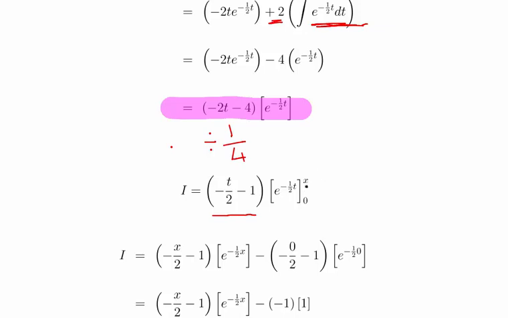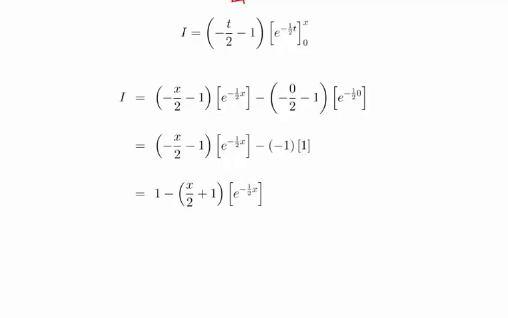And what I'm also going to do is evaluate it at the upper and lower limit of integration. Here we evaluate the expression letting t equal x. Here we evaluate the expression letting t equal 0. We simplify, and then just subtract one from the other.